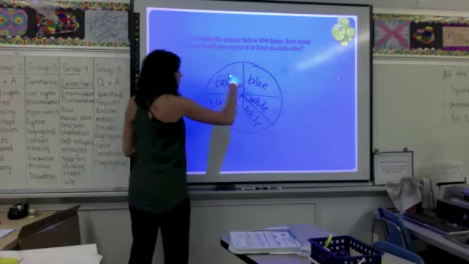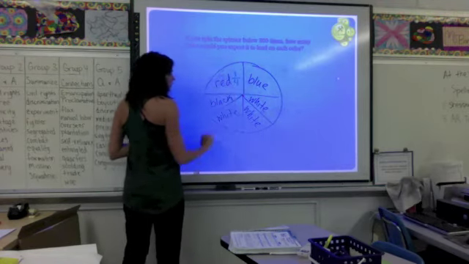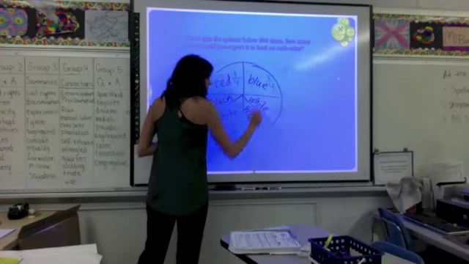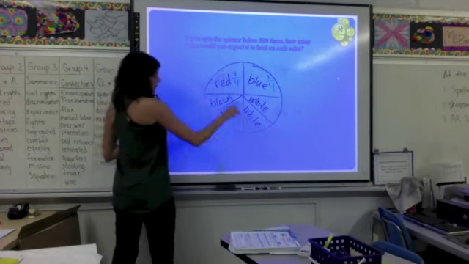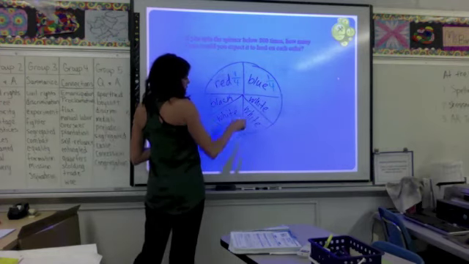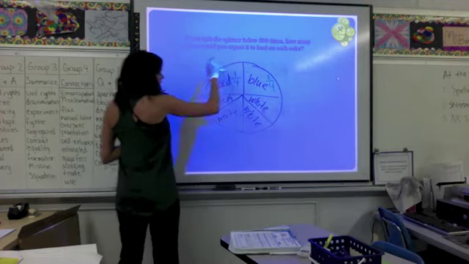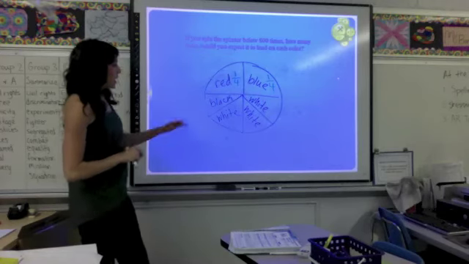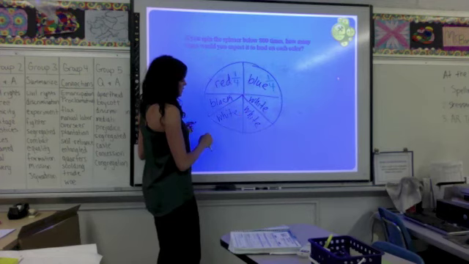So if you look at our spinner, red represents 1/4 of the circle. Blue represents 1/4 of the circle. Then we look at the bottom half of our circle. The bottom half of our circle is divided into 4 parts here. And if we divided the entire circle into these same equal parts, it would be divided into 8 parts.